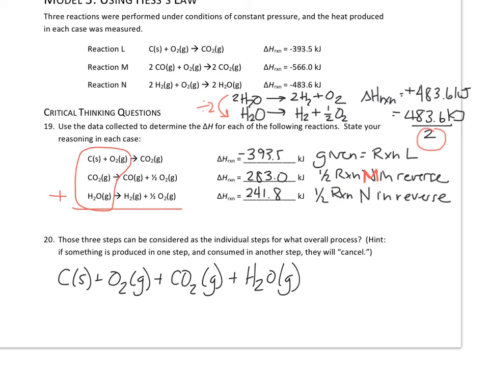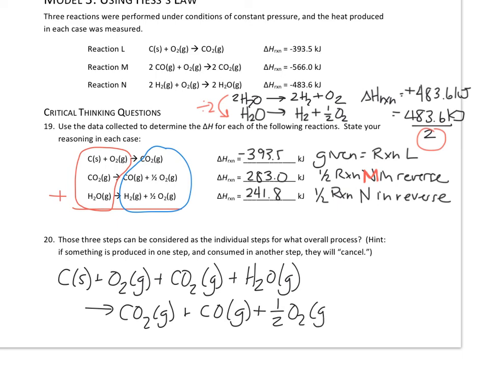Those are all my reactants. Now, if I take all of the products and I write those down, what I get is CO2 gas plus CO gas plus 1/2 O2 gas plus H2 gas plus 1/2 O2 gas.